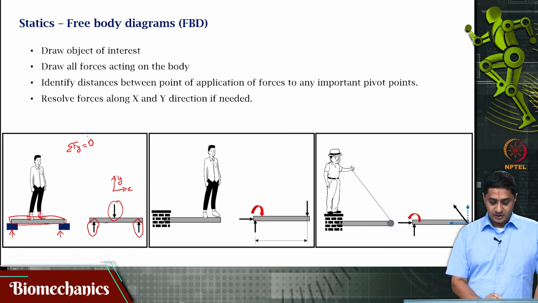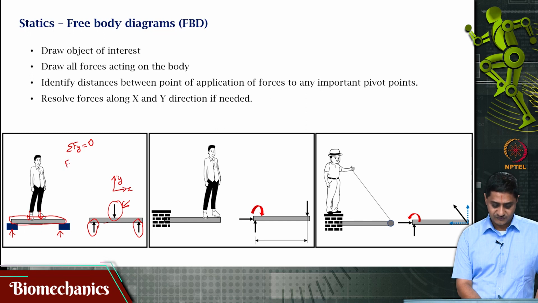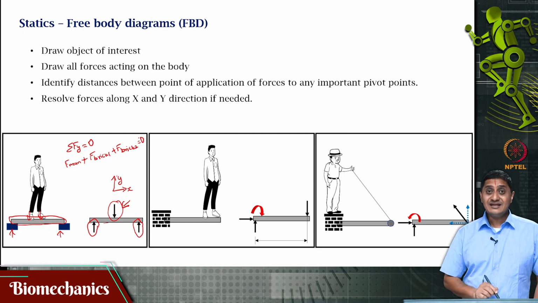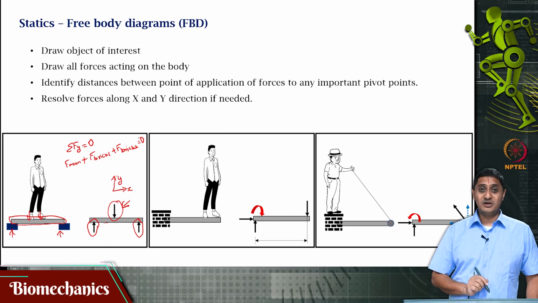Now, if I call this force the force due to the man, I can expand this sigma F_y as force due to the man plus force due to brick 1 plus force due to brick 2 is 0, for the given directions of the brick 1 and brick 2 forces.